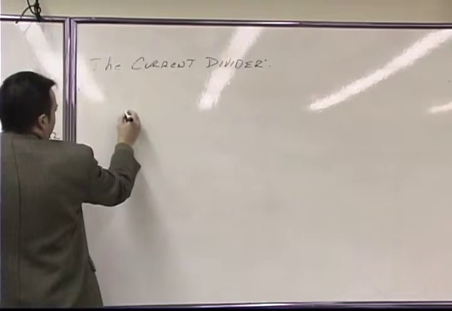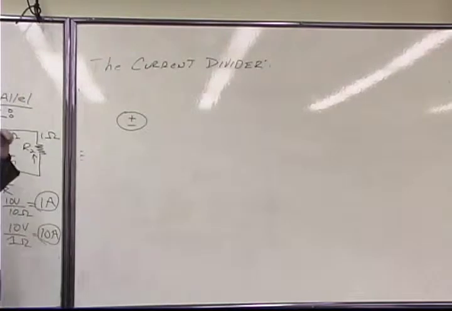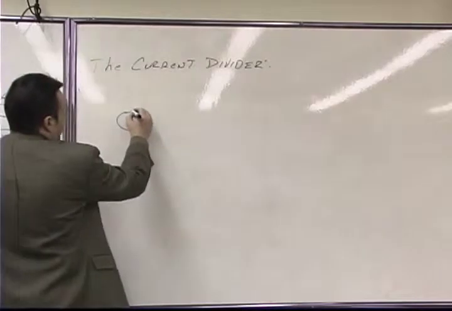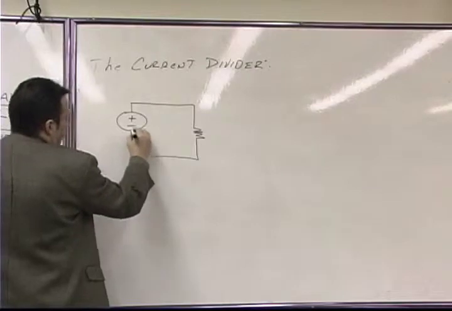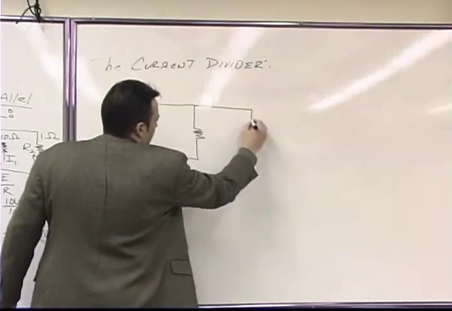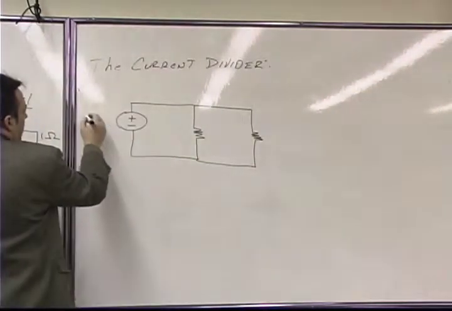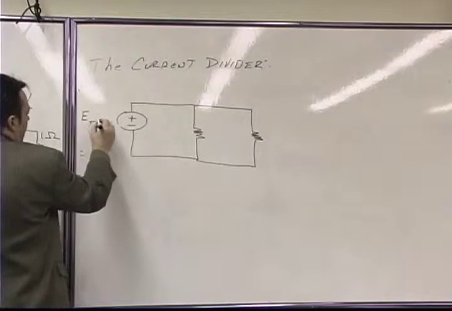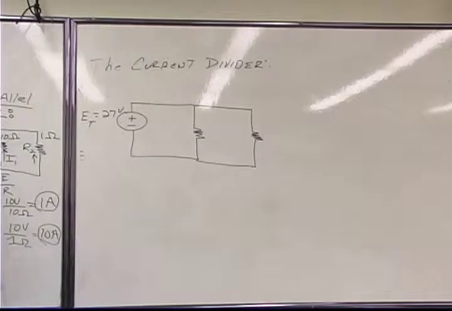Let's say that we have a lead acid battery, and let's say that that's hooked up to 2 resistors, but we're going to make the values ones that we have to put in the calculator for most of us. The value of the battery we're going to say is 27 volts, so there's 27 volts being applied from the battery to the circuit.